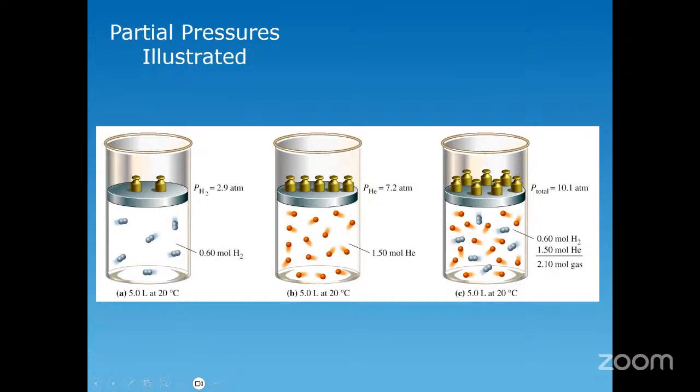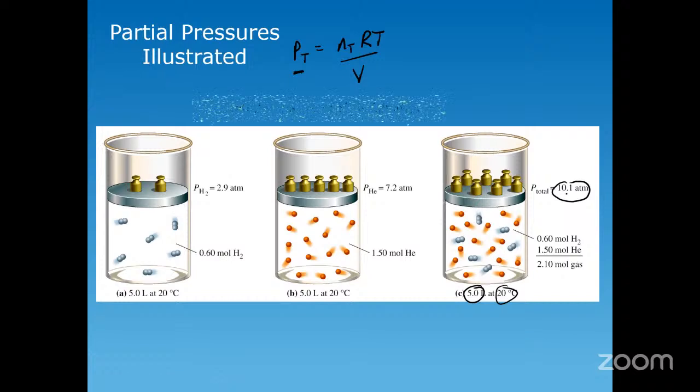And therefore, if we use the equation I derived earlier, P_T is equal to n_T times RT divided by V. If you put this total volume and the temperature in Kelvin into this equation, you're going to get the total pressure being 10.1 atmospheres. All right, so that's basically how that works.